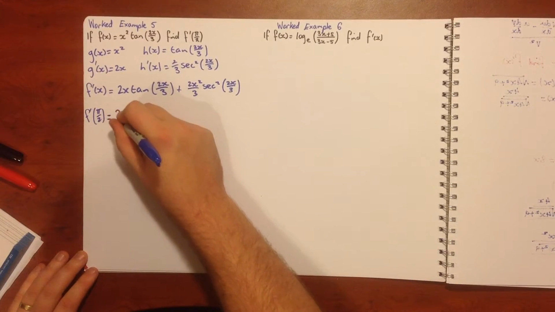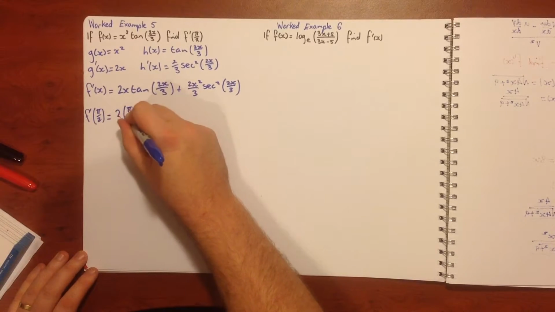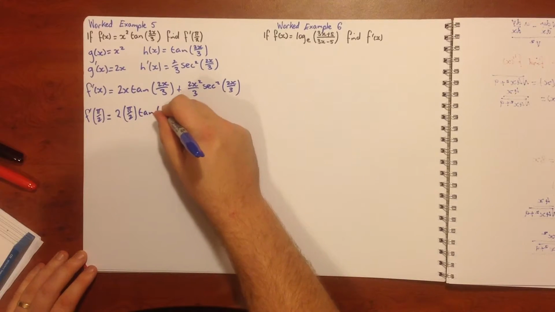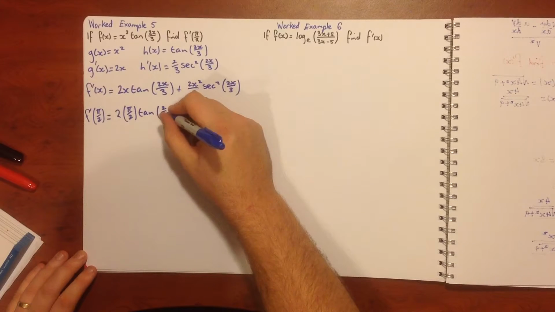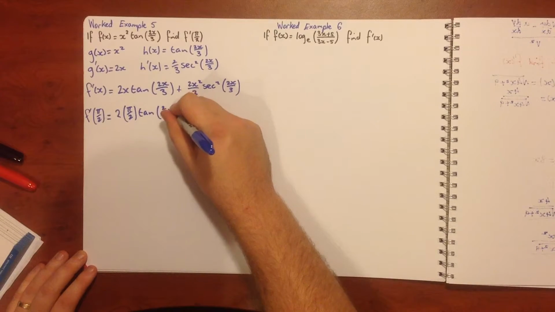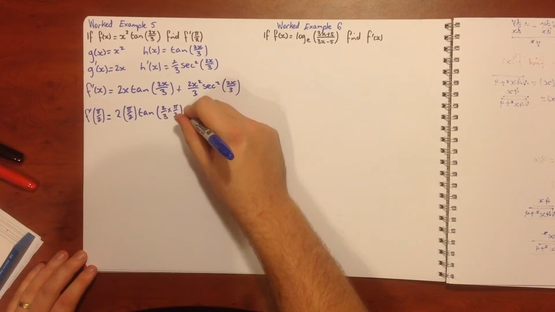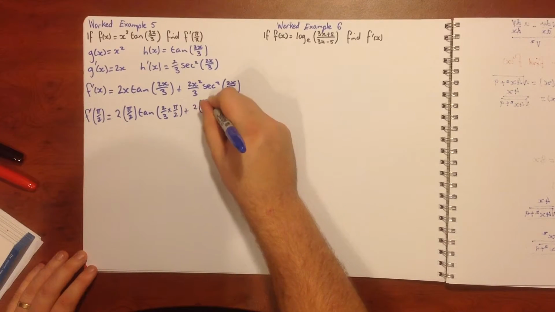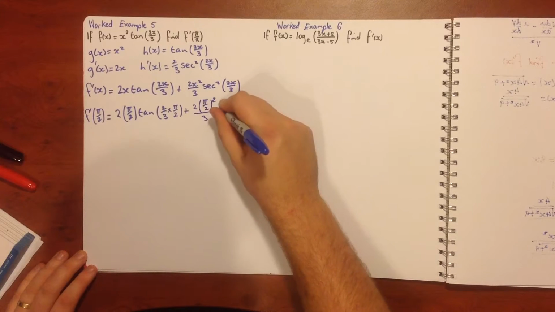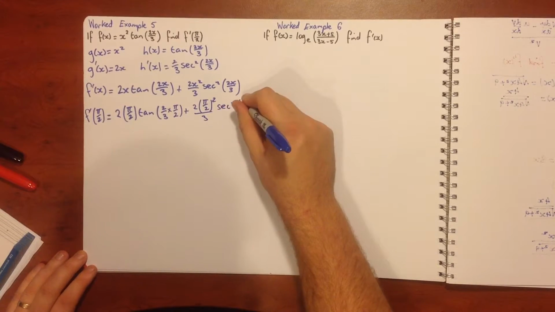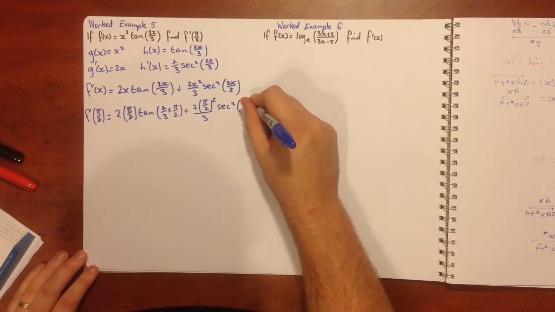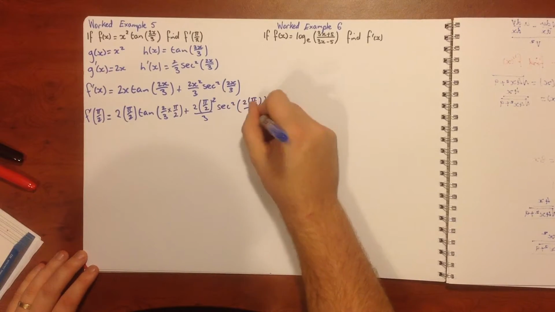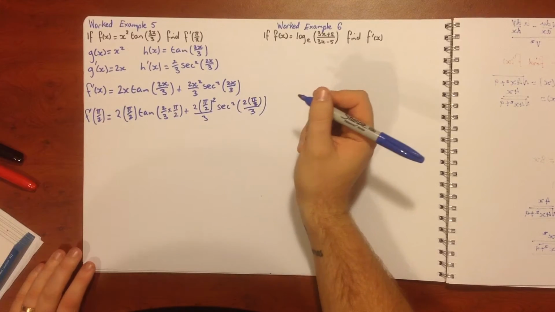So really we go 2 times pi on 2 times tan of 2 on 3 times pi on 2, plus 2 times pi on 2 squared on 3 sec squared of 2 times pi on 2 on 3. It doesn't look that great.